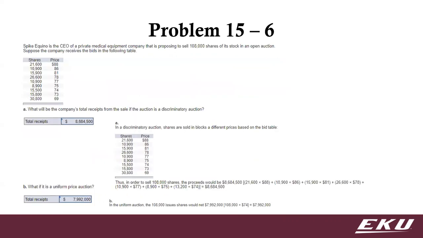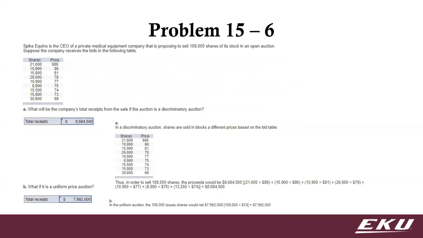And then the last one in chapter 15, there's only 6 problems in this chapter, looks at this particular firm where we are proposing to sell 108 thousand shares of its stock in an open auction. They go out and see what shares are out there.